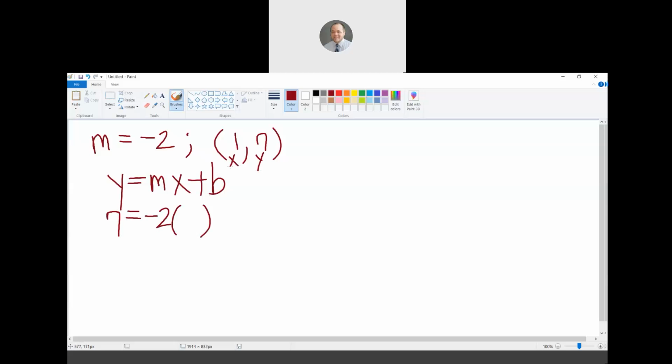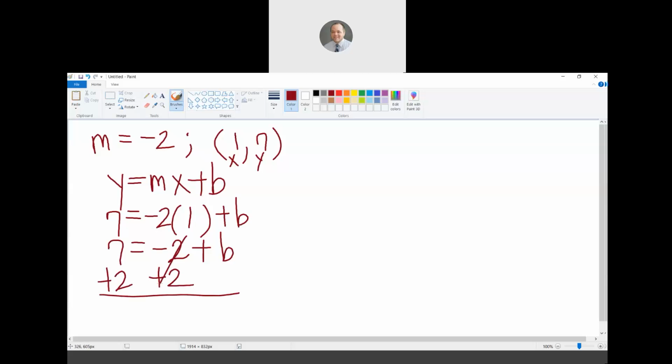And our given x-coordinate is +1. So we now have 7 equal to -2 plus b. Just add 2 to both sides to get the y-intercept. Therefore, b is equal to +9.